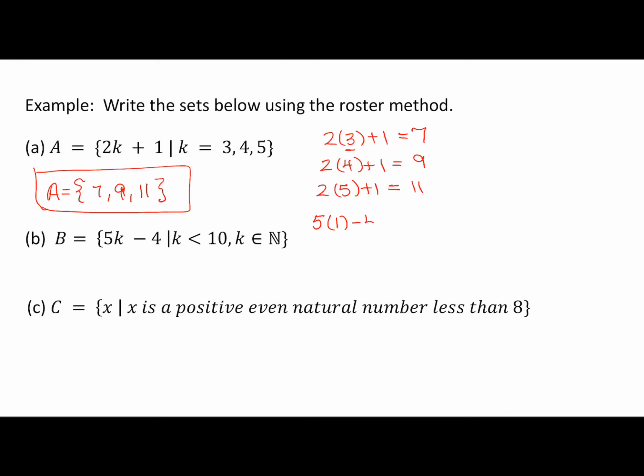So 5 times 1 minus 4 is going to give me 1. 5 times 2 minus 4 is 10 minus 4, which is 6. 5 times 3 minus 4 is 15 minus 4, which is 11. 5 times 4 minus 4 is 20 minus 4, which is 16.